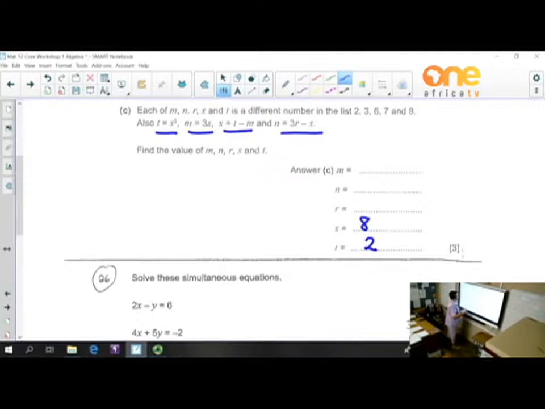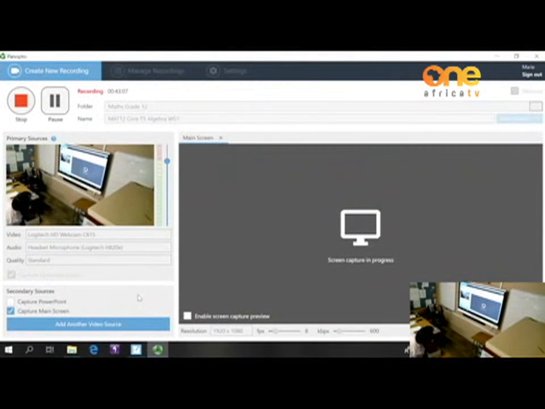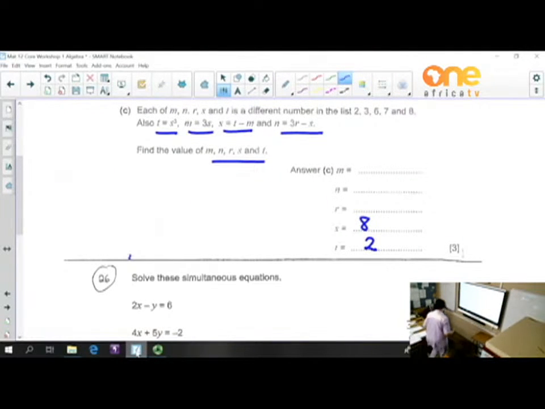And then m is 3 times s, so we have to find all those values there. m is 3 times s, s is t minus m, and n is 3r minus s. Right. Then we know that m is 3s, so 3 times 2 is 6.